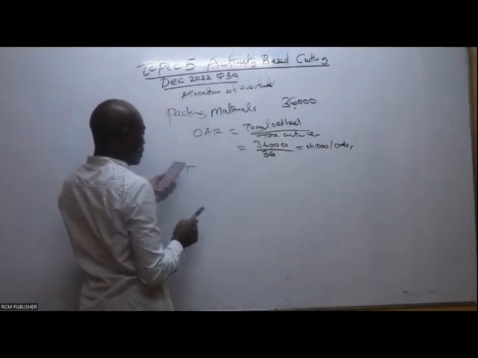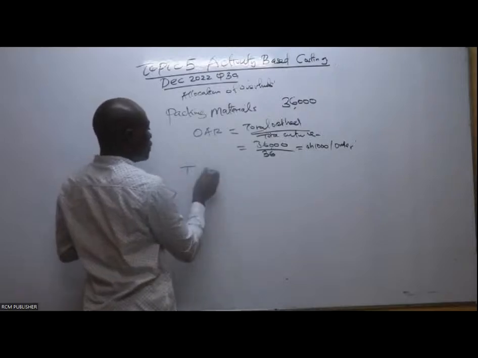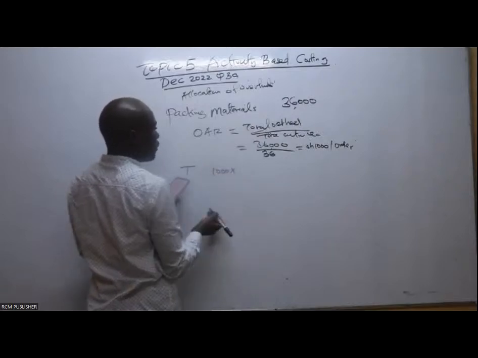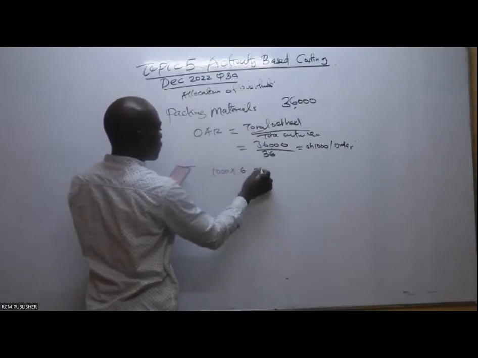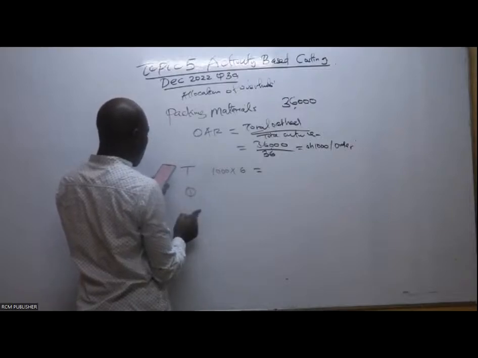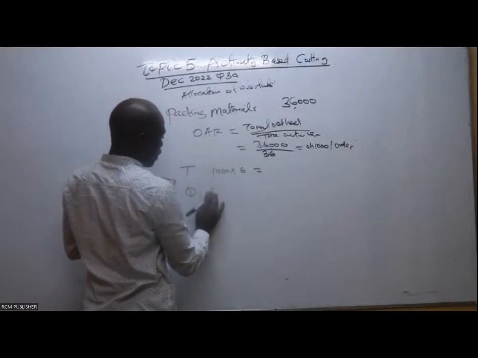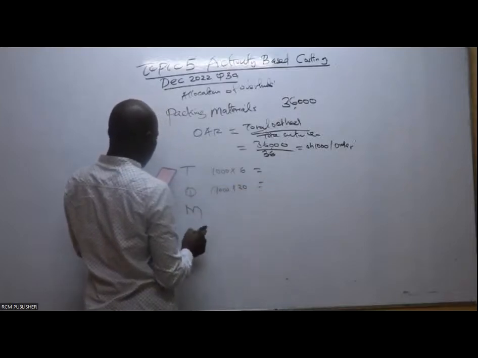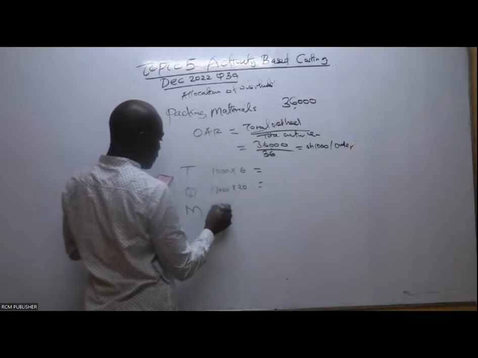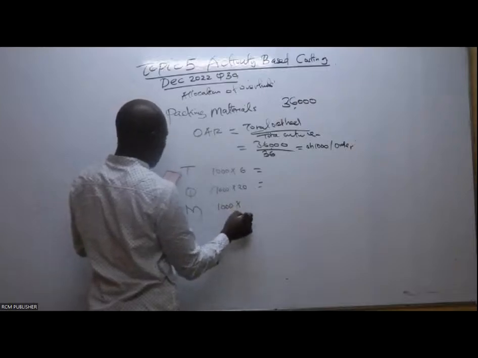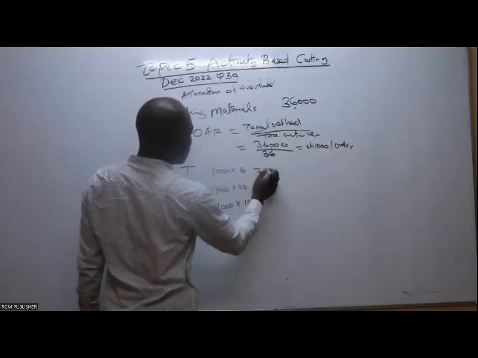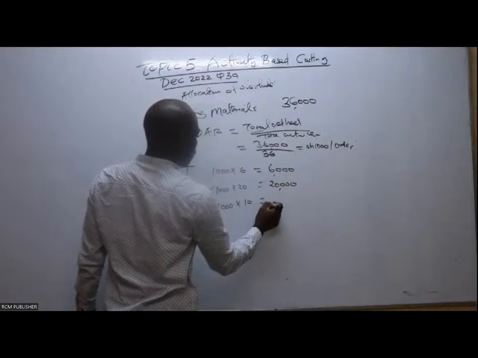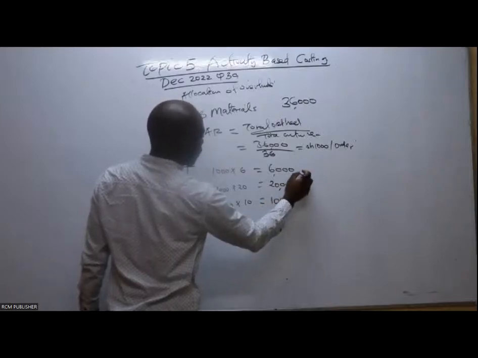Number of orders made under product T will be 6. So you start with the rate because it's common. Whichever way, 1,000 I multiply by 6. For Q, I will take 1,000 by 20. Then product M, I will take 1,000 by 10, to give me 6,000, 20,000, and 10,000. Then I add all this.